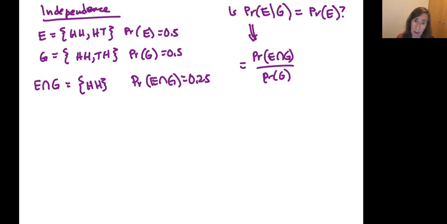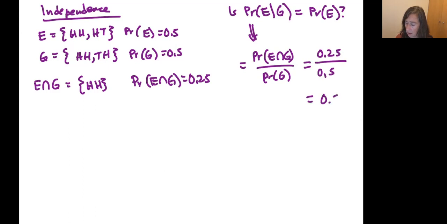And I've got my probability of G there to make the probabilities sum to 1. Plugging in my numbers, I've got 0.25 divided by 0.5. Probability of the intersection divided by the probability of the conditioning event.